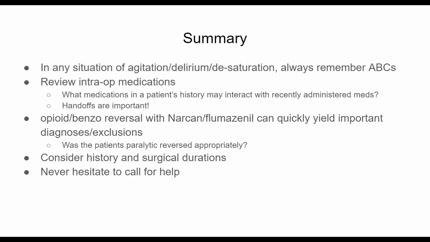So that's really the last case. I hope we covered some agitation, delirium, desaturation, remembering the ABCs. We reviewed some common intra-op medications, opioids, benzos, and their reversals, Narcan and flumazenil. And then we talked about residual neuromuscular blockade, thinking through what neuromuscular blocker was given for the procedure and were they reversed appropriately.